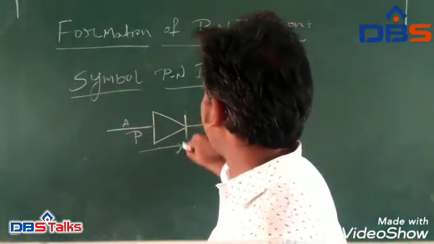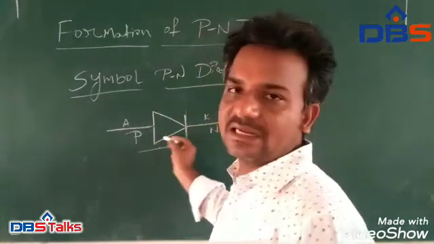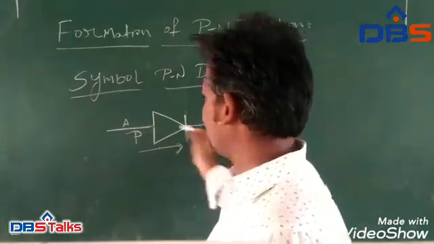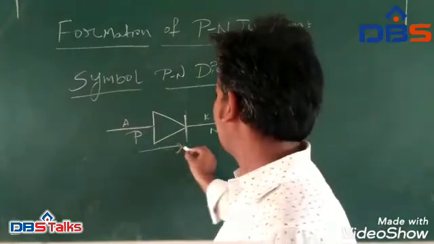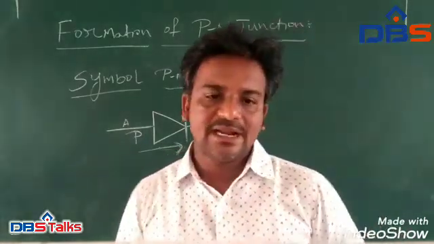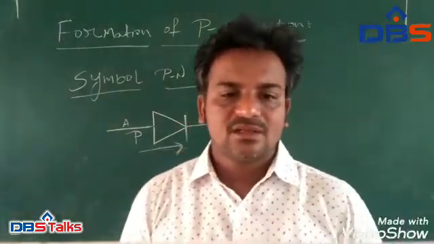It represents opposition, so the current doesn't flow in both directions. The current will flow in one direction only.